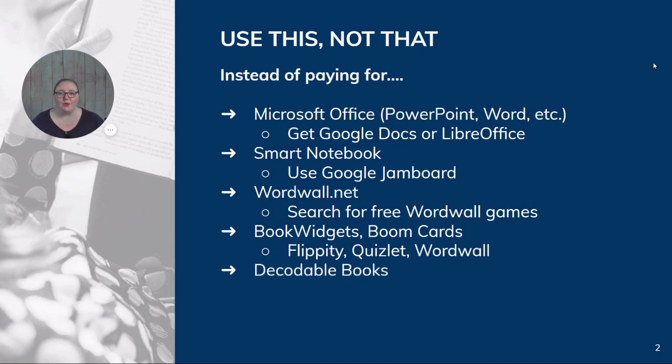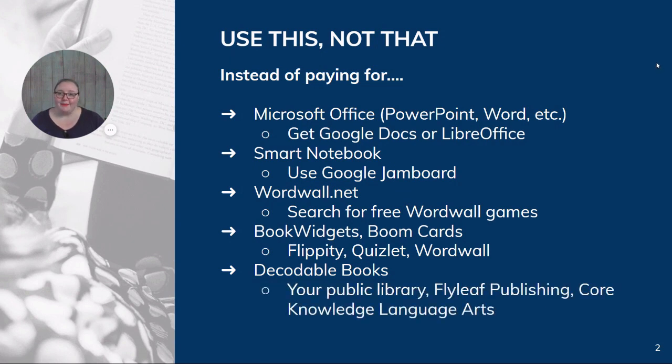If you're looking for decodable books, instead of paying for a set, check out your public library. Some of them have some decodable books. A lot of it is trade books, so a lot of them are leveled. Check out Flyleaf Publishing. They have been offering a lot of their books for free online, and they may continue to do that. Core Knowledge Language Arts is a comprehensive reading curriculum, and all of their materials are available for free online.